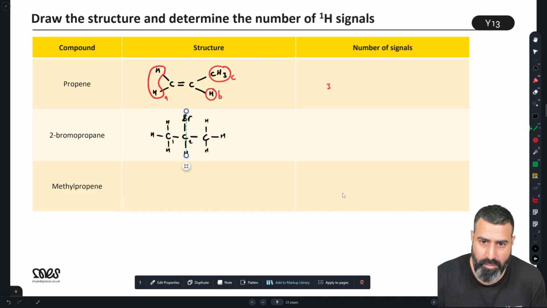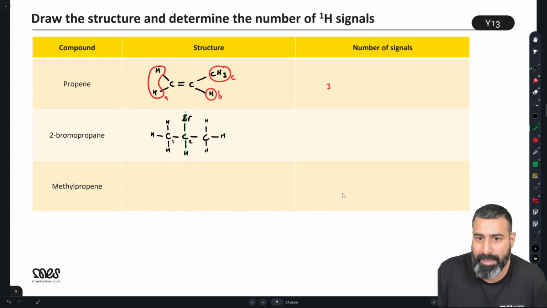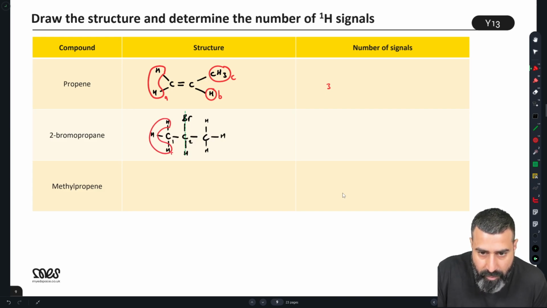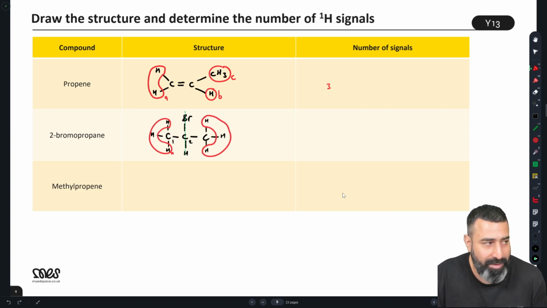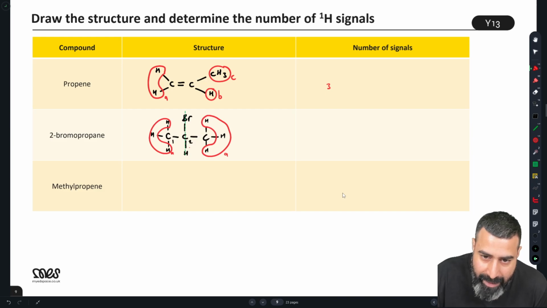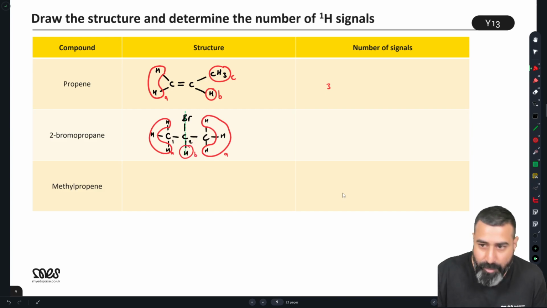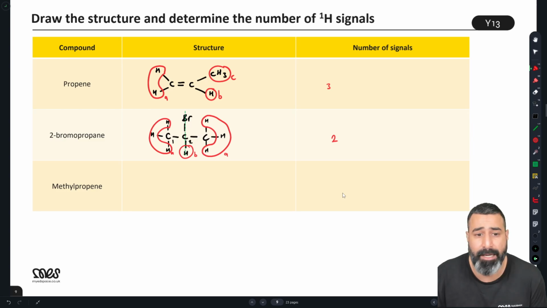So think about the molecule, eyeball the molecule, think about that plane of symmetry in molecules. So then I'm saying that these methyl protons, A, are equivalent to these methyl protons, B, due to that plane of symmetry. So if that's B, that's effectively A because they're the same. So I should have labeled it as A. And then this is environment B. So we're going to see 2 signals here.